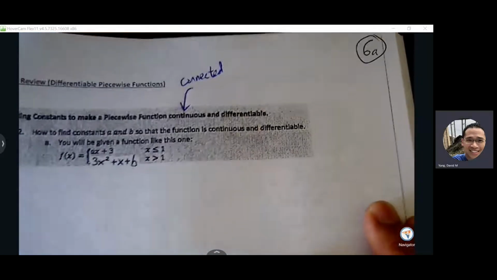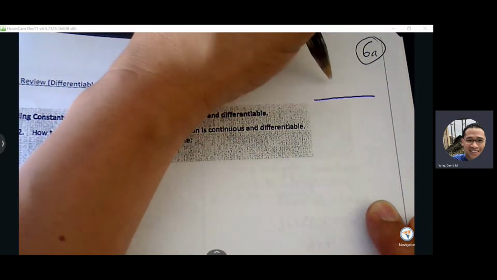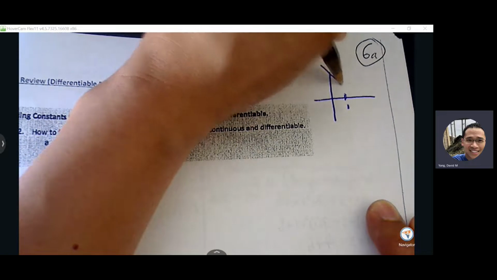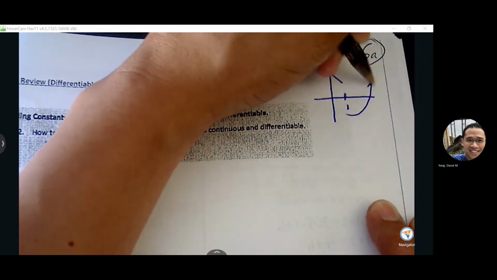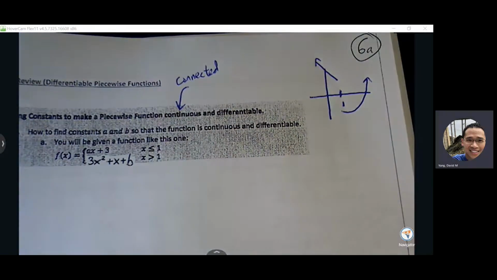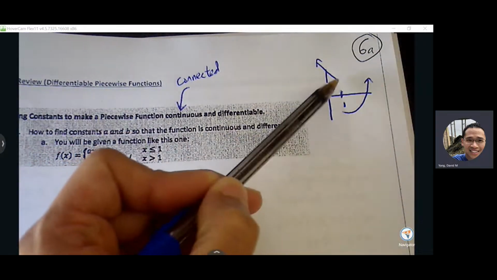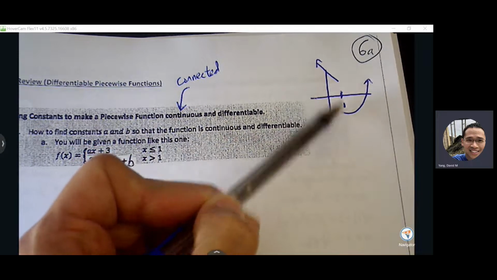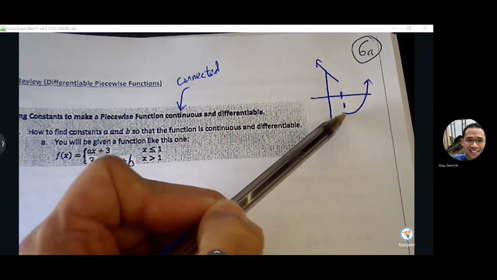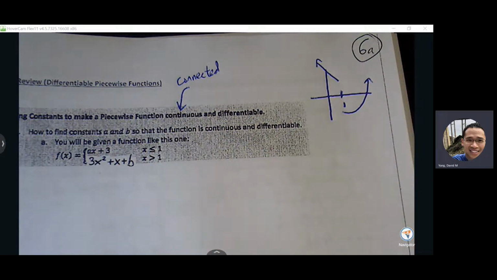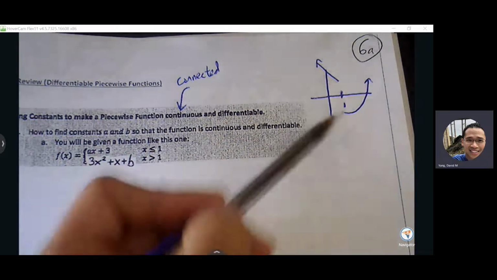Let me give a random example here. Let's say the graph looked like this. At 1, let's say we had a line and we had a curve. Is that going to be continuous? No. And why is that? It's because at 1, they don't have the same y value. But if they had the same y value, we can basically make that connect.